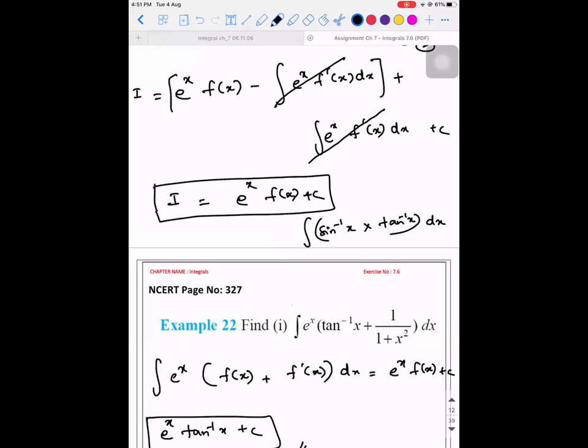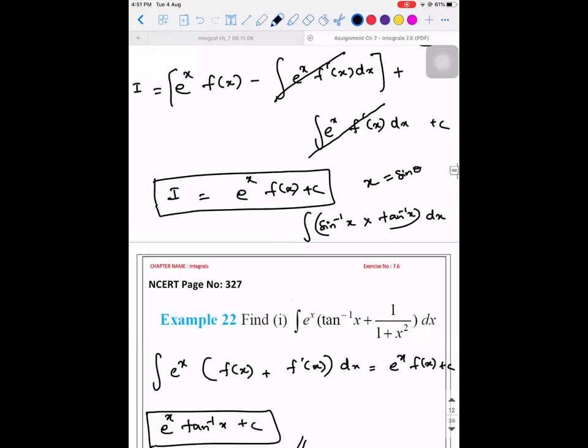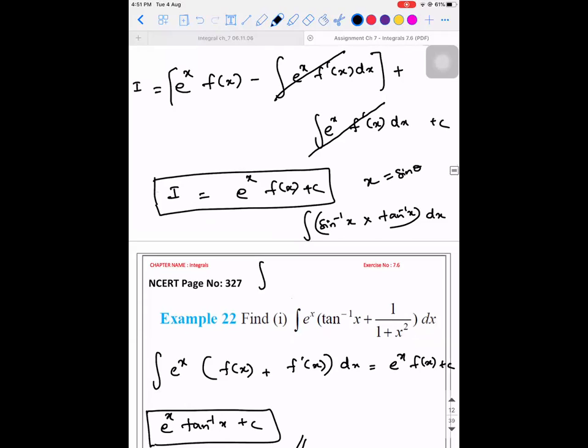Since both are of the same nature, you don't come across the concept of by parts itself here. You will try to substitute something as theta and then proceed. For example, in this problem I substitute x as something and proceed, because this kind of concept comes for inverse trigonometry. Let's suppose we take a logarithmic function, say log 2x into log 3x.